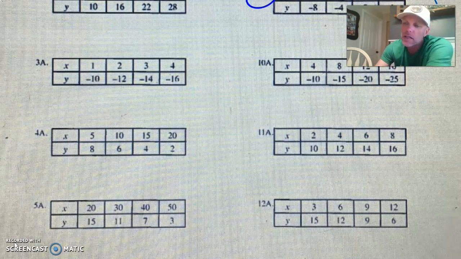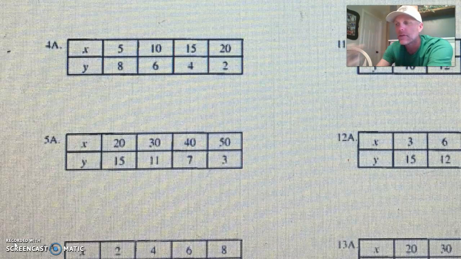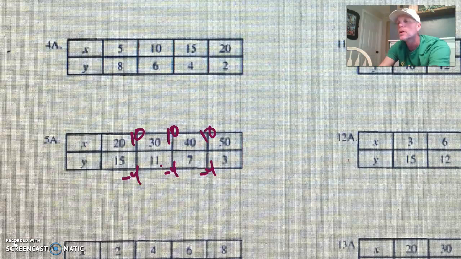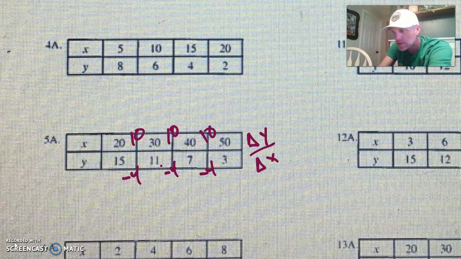So let's look at 5a. How is x changing? 20, 30, 40, 50. It's going up by 10, right? 10, 10, 10. How is y changing? 15 to 11. Well, that's minus 4. 11 to 7. It's minus 4. 7 to 3. Minus 4. So the change in y over the change in x.